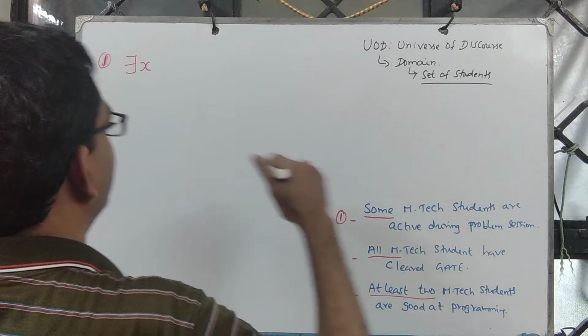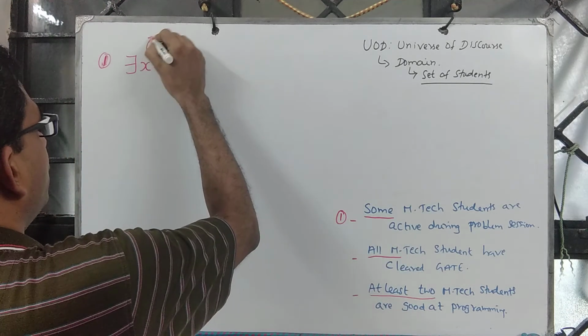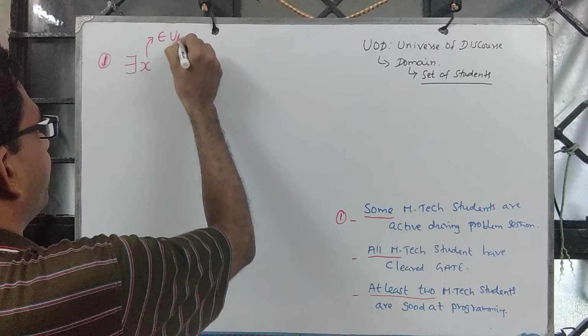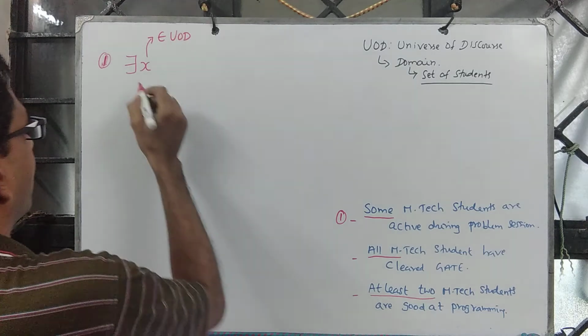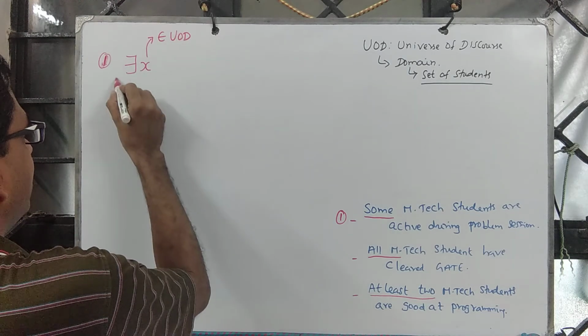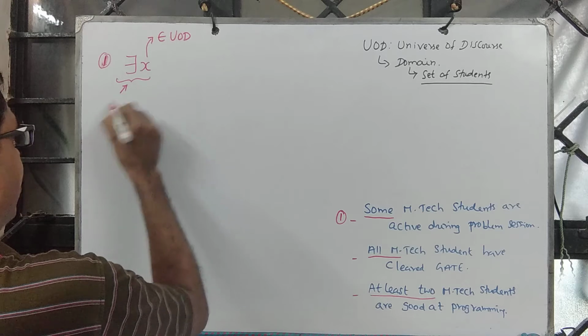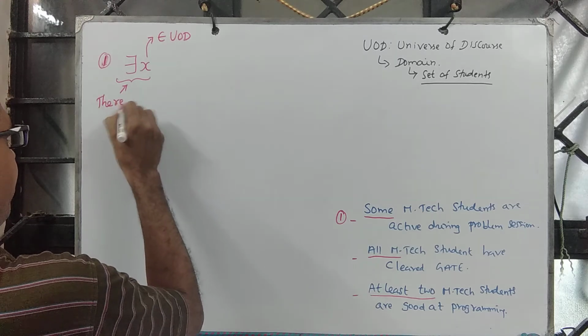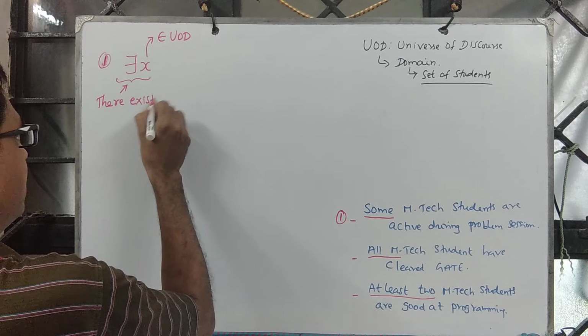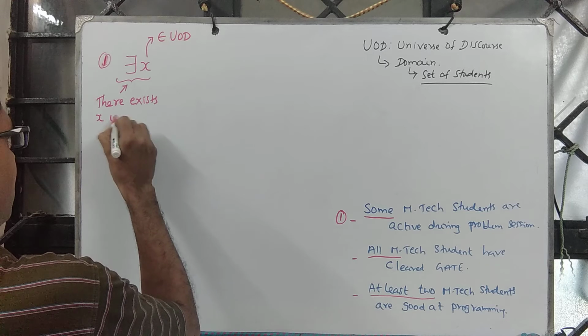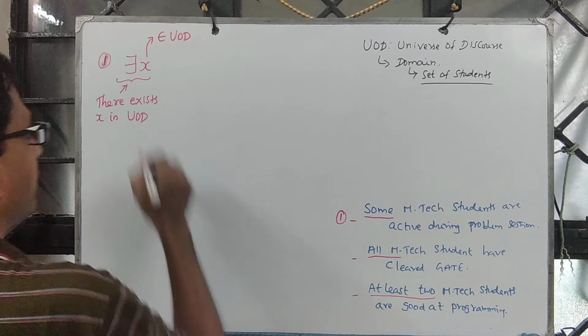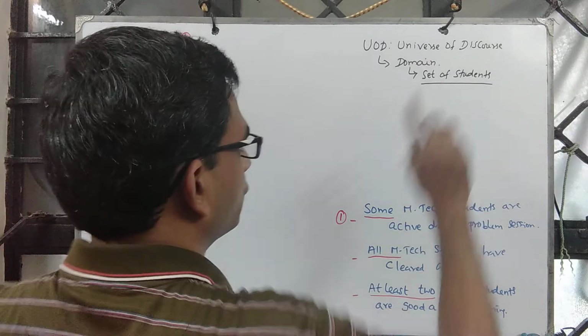Where is X coming from? X belongs to UOD. When we say this, it means there exists X in UOD, which means there exists a student.